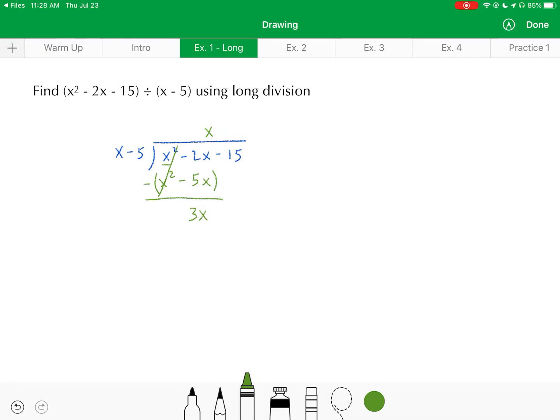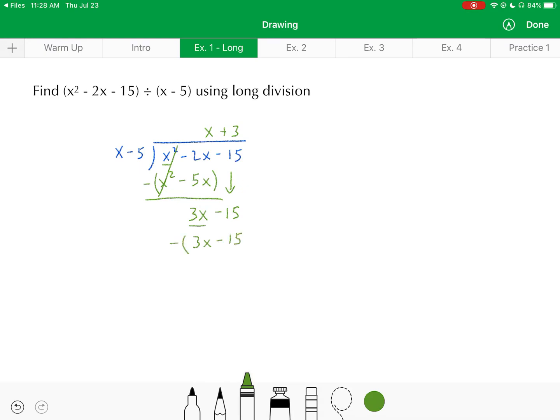Now, since you canceled out a term, you need to bring the next term down. And now the process starts over. Now I ask myself, what should the divisor be multiplied by so that I can cancel out 3x? And that would be a positive 3. 3 times the divisor of x minus 5 is 3x minus 15.